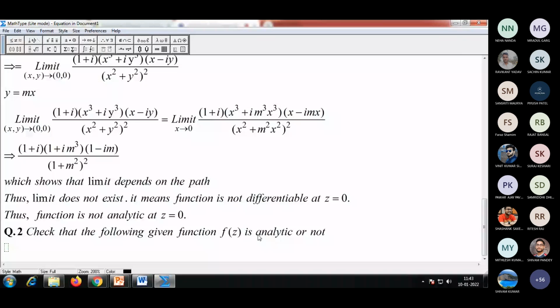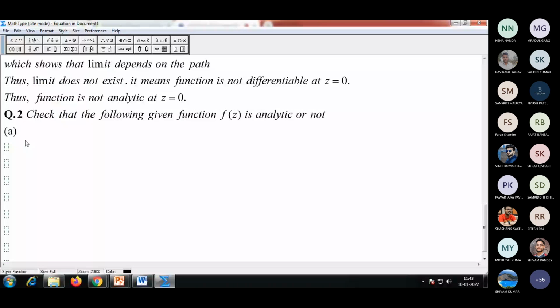You all may please run the questions. Question number one is f(z) equal to z square. Please do the calculation immediately. I'm writing the question, but you start the solution of question number one.